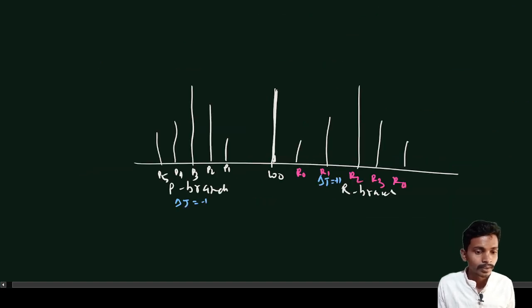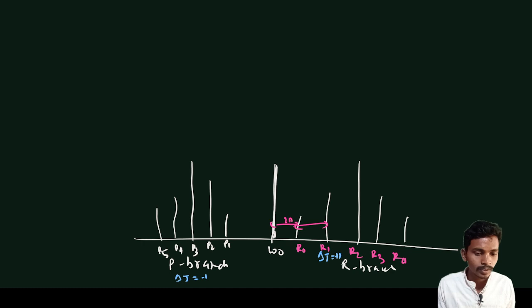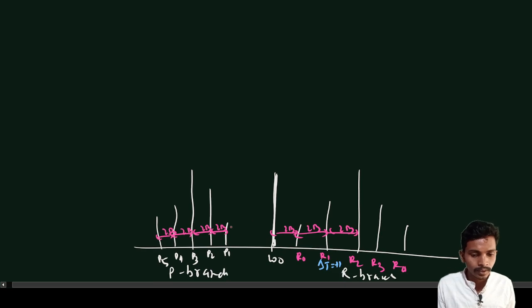Okay, and we have discussed that each distance is 2B, 2B, 2B, 2B, here also 2B, 2B, here also it is 2B, 2B. Okay, and here this is again 2B, and this is also again 2B.